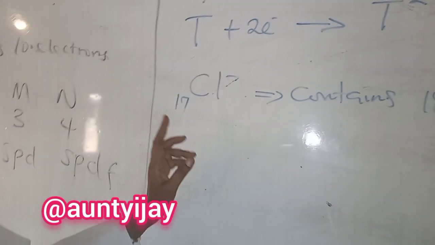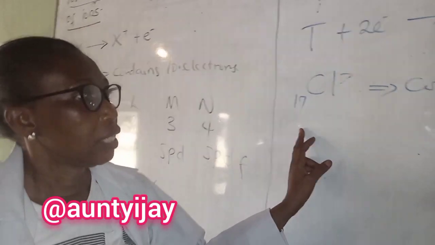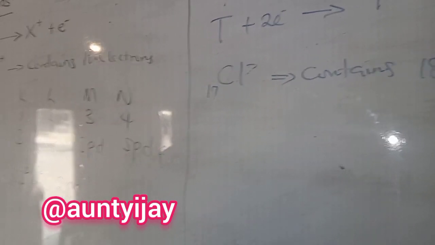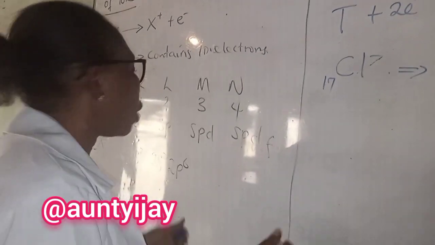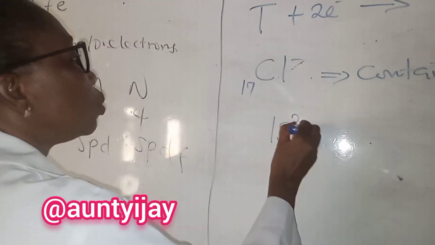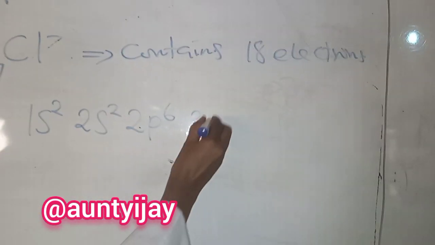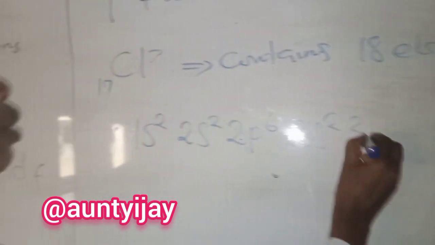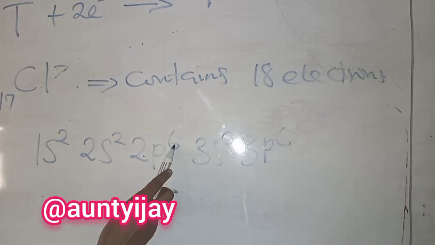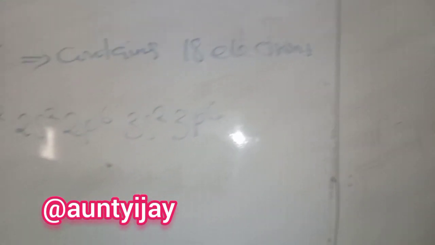When we add the 1 electron to the 17 electrons it already had as an atom, it contains 18 electrons as an ion. So we write the electronic configuration of the chloride ion: 1s2, 2s2, 2p6, 3s2, 3p6, a total of 18. 2, 4, plus 6, 10, plus 2, 12, plus 6, 18. That's for the chloride ion.